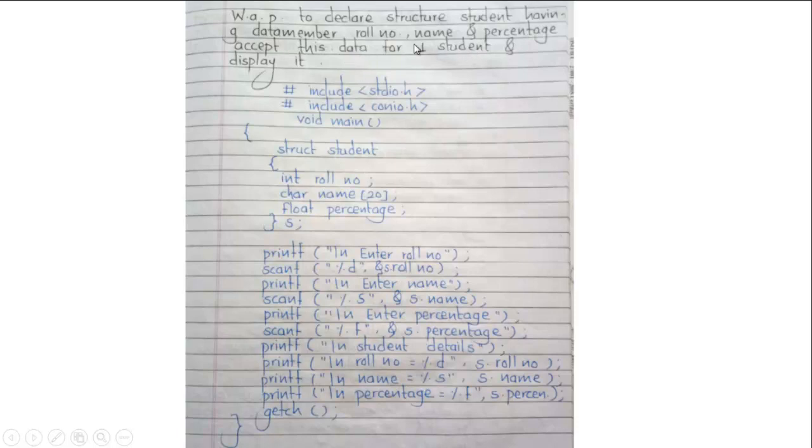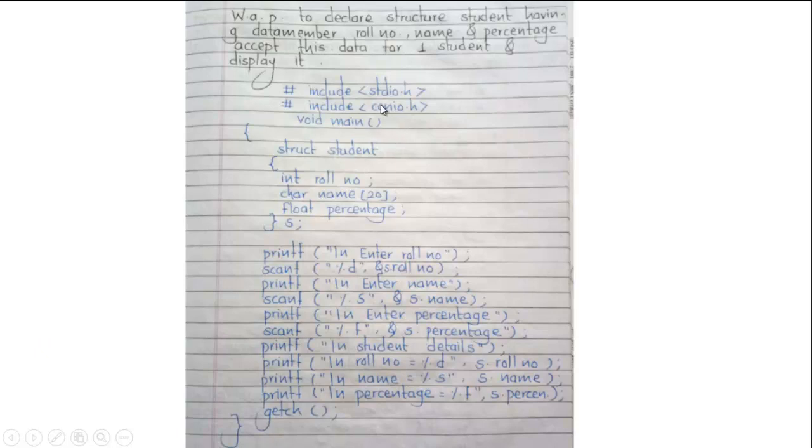So you have to create a structure named student, with structure members roll number, name and percentage, and read this data for only one student and display it. In a later part we will see how to read and display the data for more than one student or more than one structure variable. Now we will see it for only one structure variable, or one student.